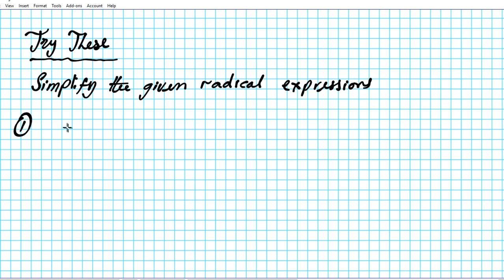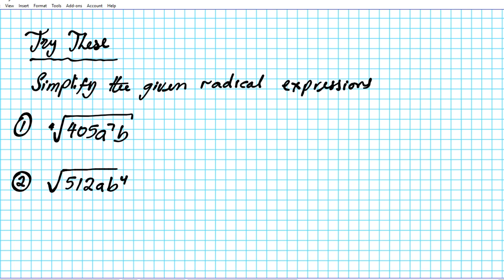Number one, what if you have the fourth root of 405 a to the 7b? Number two, what if you have the square root of 512 a b to the fourth? Number three, what if we have the square root of 256 x squared y squared?